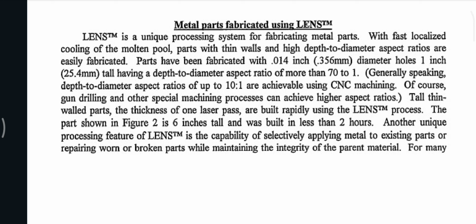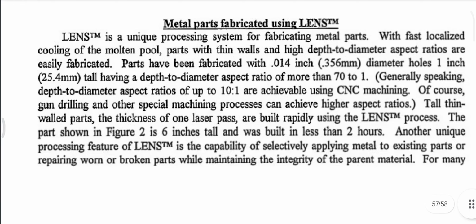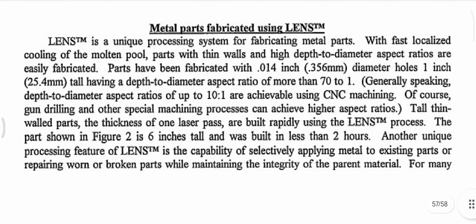LENS is a unique processing system for fabricating metal parts with fast localized cooling of the molten pool. Parts with thin walls and high depth-to-diameter aspect ratios are easily fabricated. Parts have been fabricated with a 0.014 inch, that is 0.356 mm, diameter hole in 1 inch tall, having a depth-to-diameter aspect ratio of more than 70 to 1.